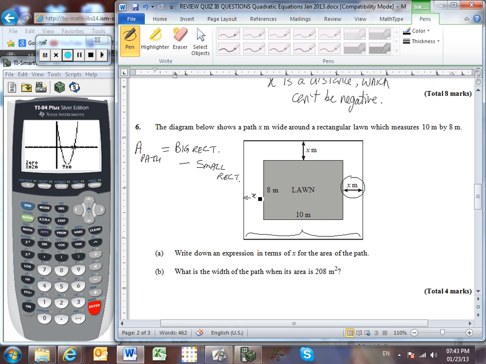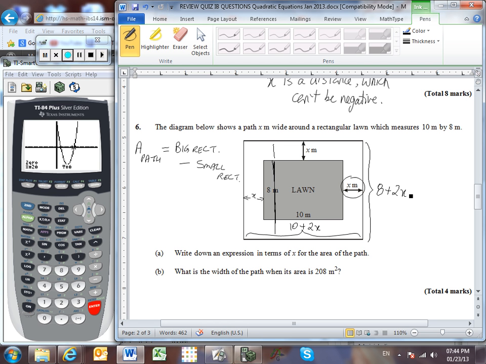So I've got a total of 10 plus 2x as my width of the big rectangle. I can use a similar procedure to determine that the length of the big rectangle is going to be 8 meters plus x plus x. That's a total of 8 plus 2x.